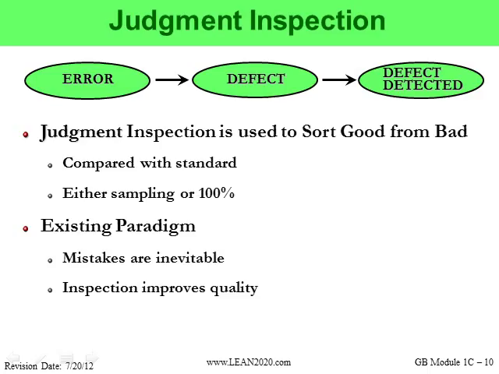Inspection certainly does not improve quality, but what inspection will do for us is help us identify bad pieces and remove them from the process. What we do know is that inspection is not 100%, and that we are going to have escapes that go through our process. So it's really important that we look at ways to detect and prevent errors and defects from actually happening.